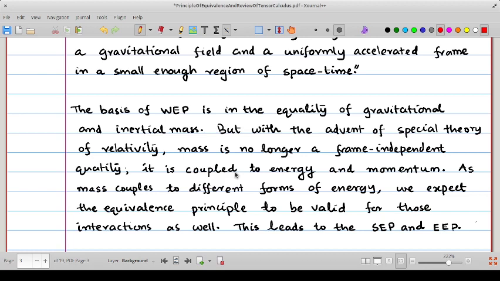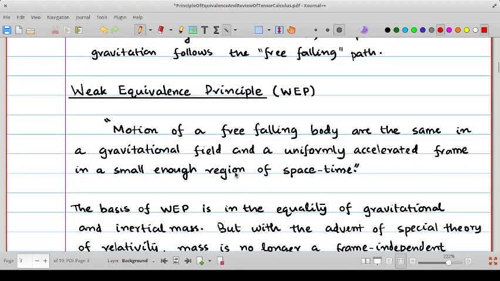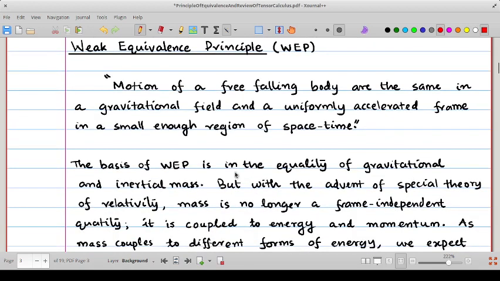So if mass is coupled to different forms of energy, obviously we expect, and since we know that the weak equivalence principle comes from the fact that inertial mass is the same as the gravitational mass, and since now with the advent of special theory of relativity the mass can couple to other forms of energy, we would now see that this weak equivalence principle can be extended to include other forces as well, other interactions as well, because this mass couples to other forms of energy as well.